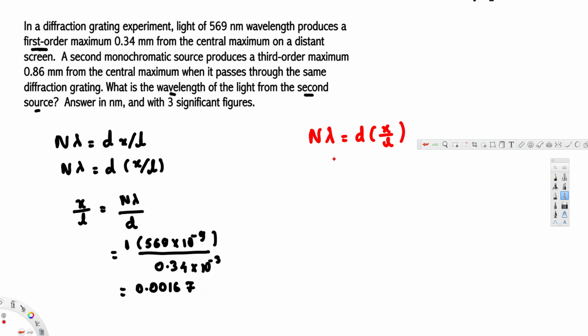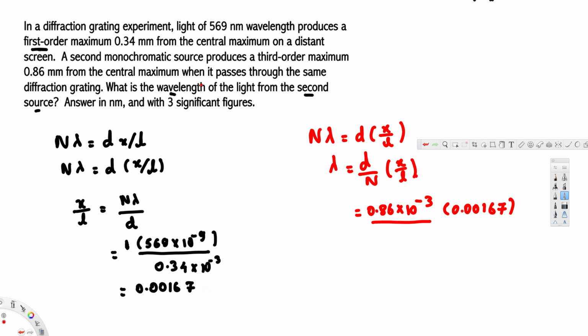In the second source, the wavelength is going to be equal to d over n multiplied by x over L, and the d is the distance from the central maximum, that is given as 0.86 millimeter, that's going to be 10 to the power minus 3, and then x over L we calculated, that is 0.00167, and then we are going to put in this n value.